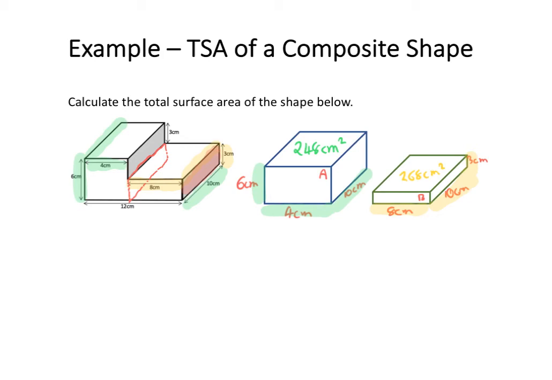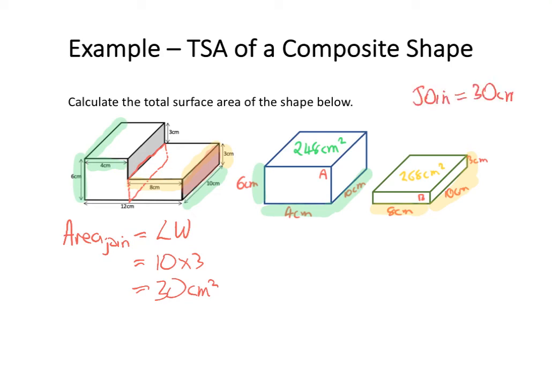So the next step is to calculate the area of the join. So area of join is going to be length times width, which is 10 times 3, which is 30 centimeters squared. So the join is 30 centimeters squared.